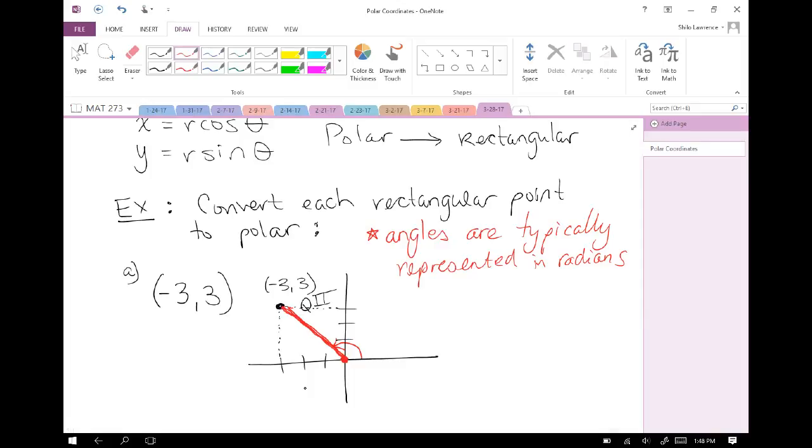R is just the magnitude of the vector that has components that are both 3. It's 3 root 2. We're not going to change it to a decimal, but we are going to simplify it to 3 root 2.